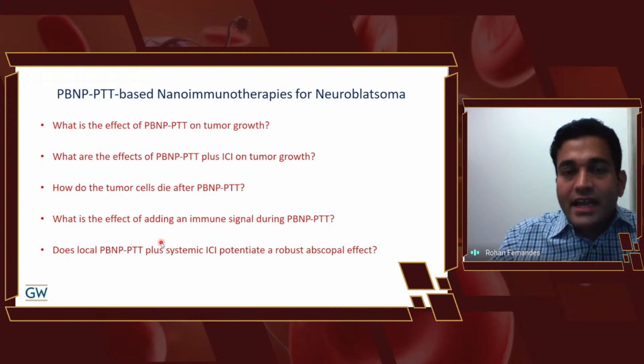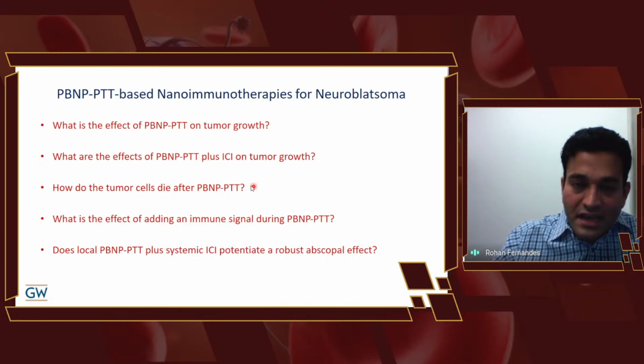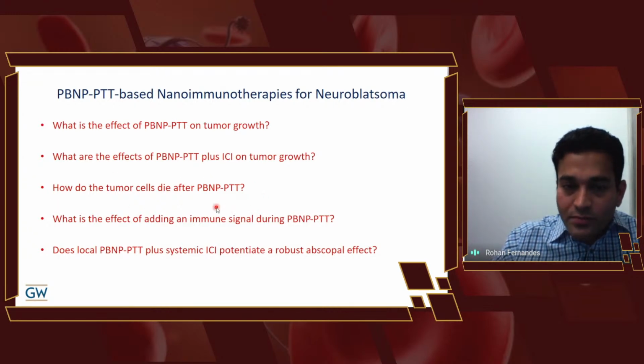I'm going to develop the idea of how we've made the nanoimmunotherapies for neuroblastoma with these questions. The first is, what is the effect of PBNP PTT on tumor growth? What are the effects of this PTT plus immune checkpoint inhibitor on tumor growth? How do the tumor cells die after PBNP PTT? This was expanded upon extensively in the second lecture, so I'll only briefly remind all of you what we did.